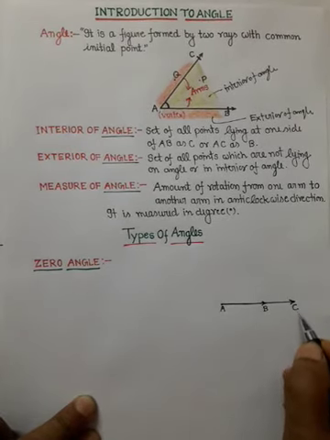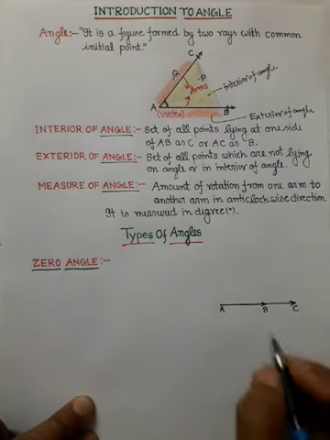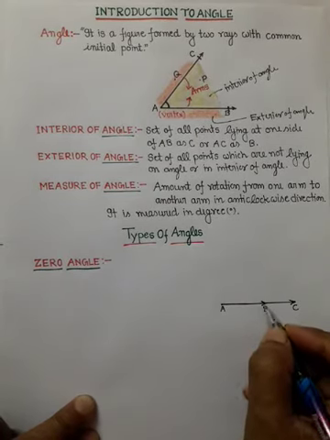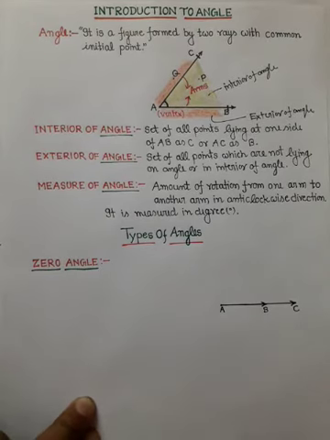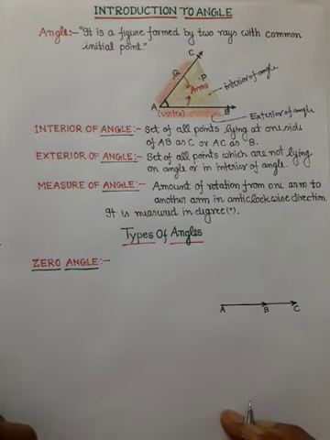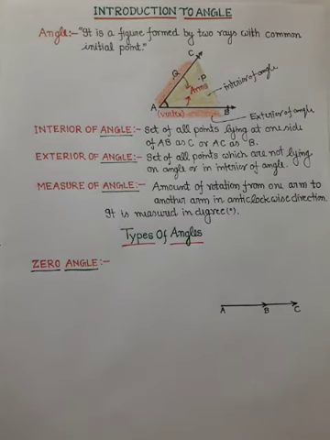What we are watching here is that initial position and final position both overlap each other without any rotation. So the angle formed will be zero angle, since the amount of rotation between the initial position and the final position is zero. So this angle is considered as zero angle.